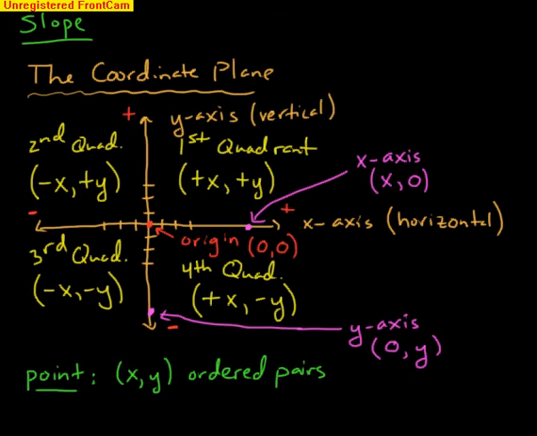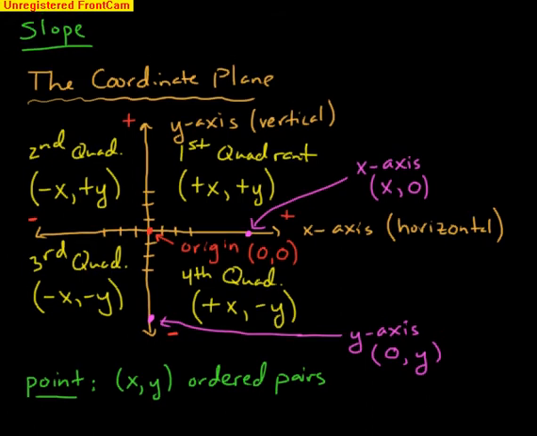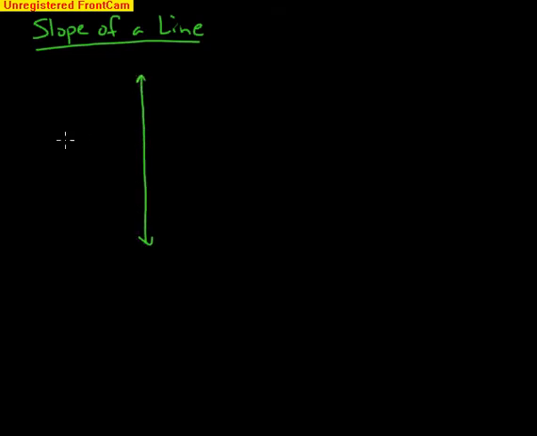So let's get back to slope. Okay, that was just kind of a review. Let's get back to slope. So the slope of a line. Okay, so let's draw a picture of a coordinate plane. Here's x, here's y, and let's draw a line.